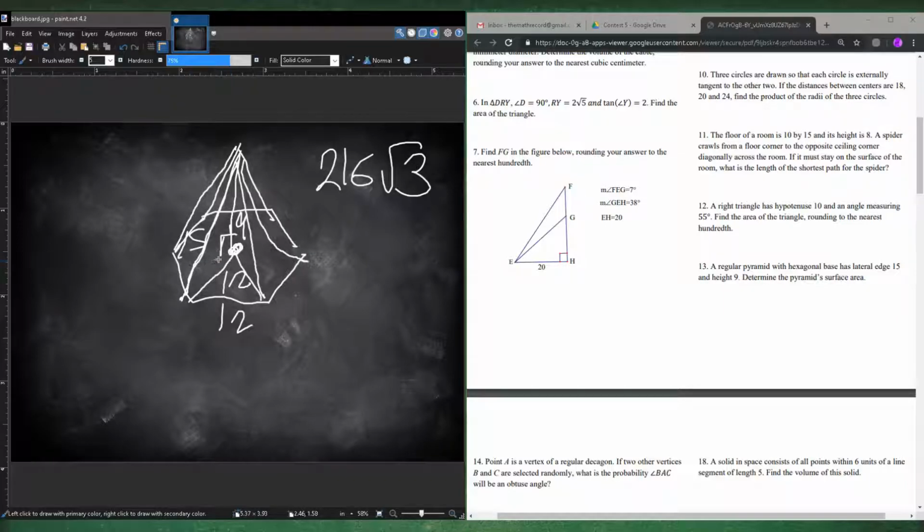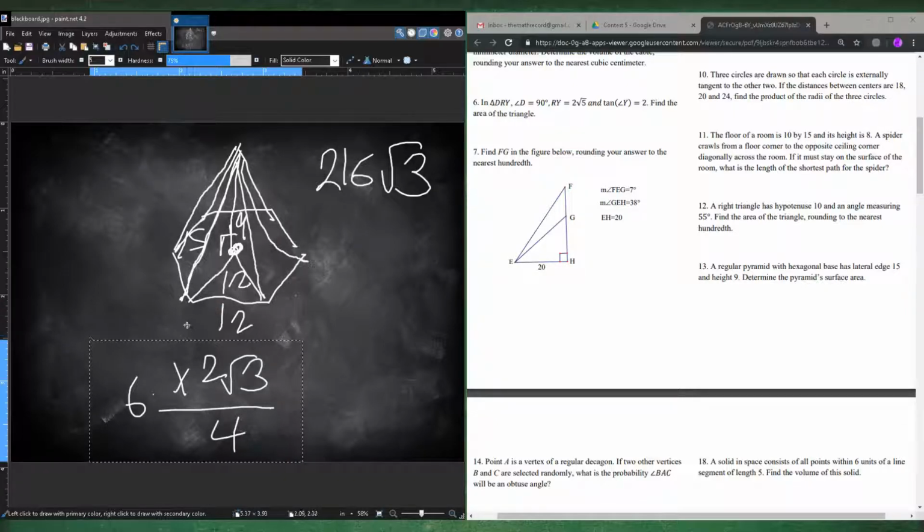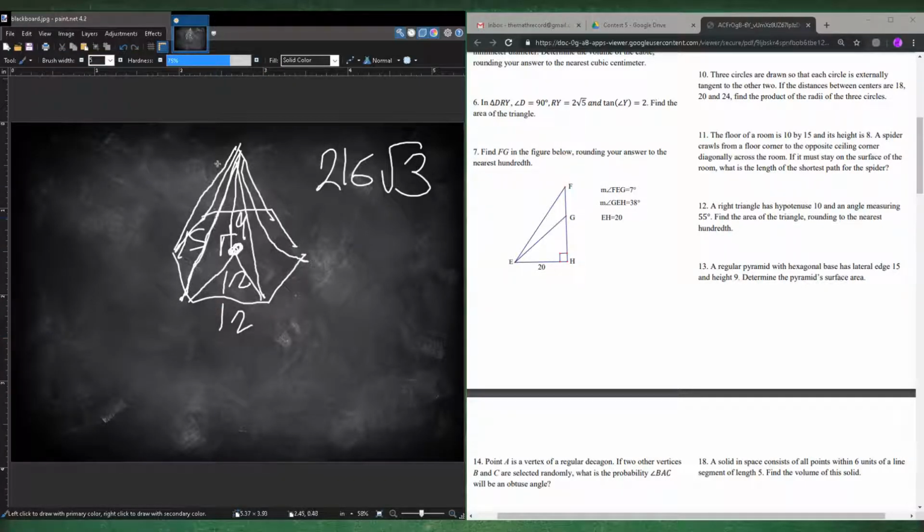Now what we need to do is find the height of a face, right? And then multiply it by the base, which is just 12. Okay. So for the height of a face, we basically use this idea.